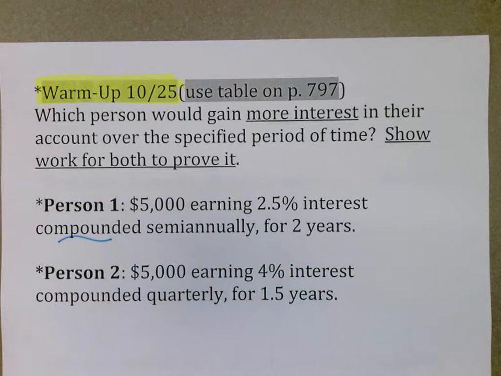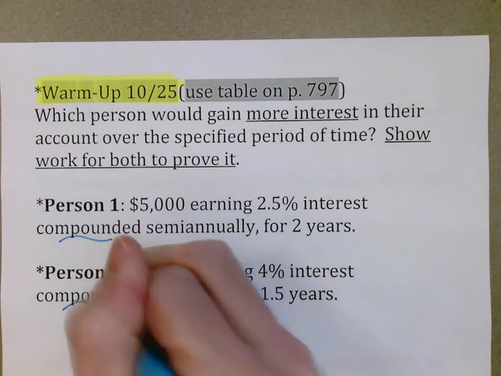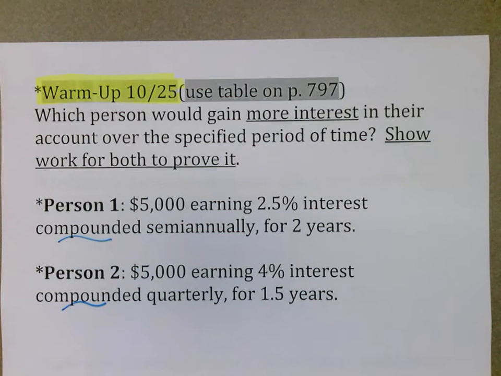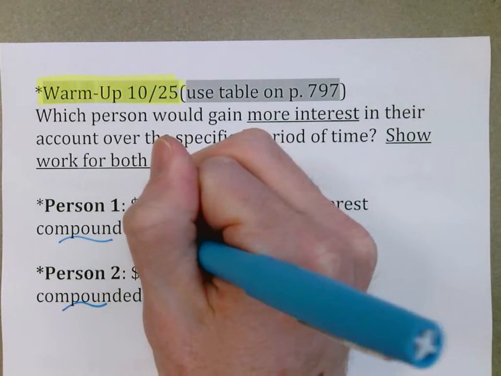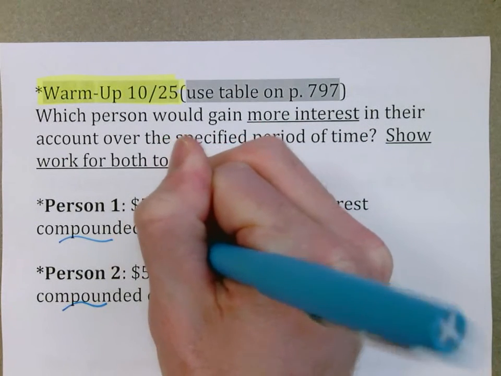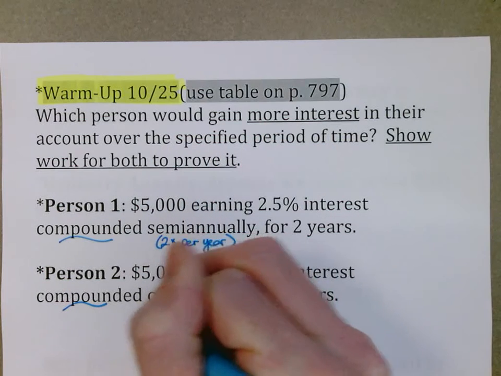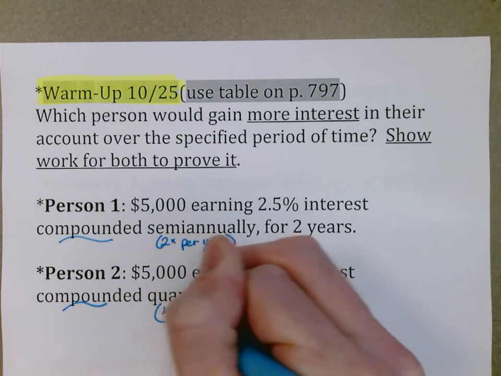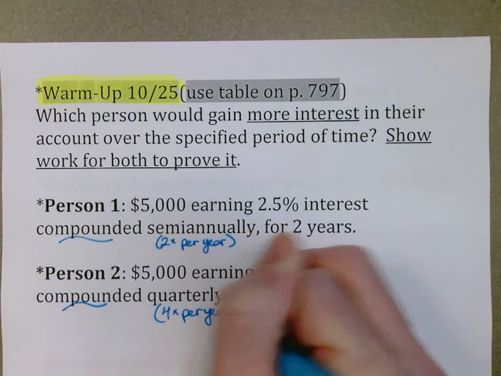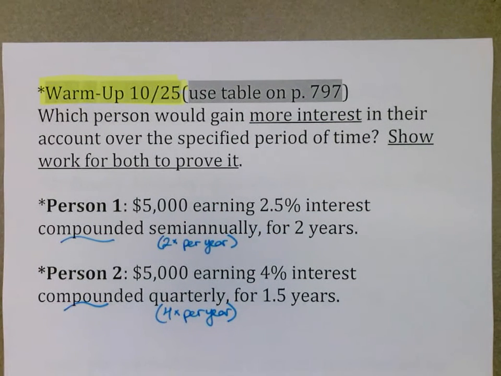Or is it going to be person two with $5,000 earning 4% interest compounded quarterly over 1.5 years? Well, since this is a table question, I know that semi-annually needs to be seen as 2 times per year, and quarterly is 4 times per year when it comes to using the tables.